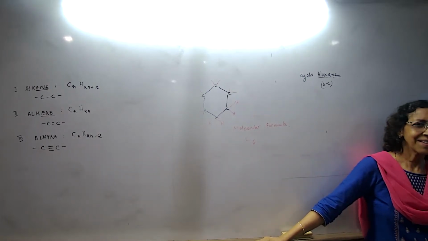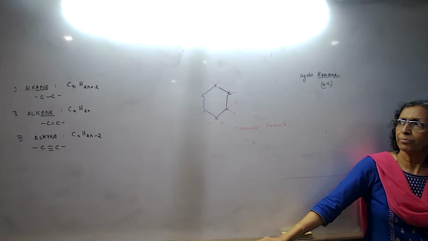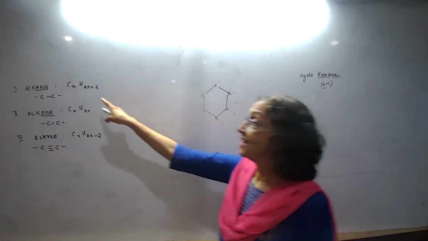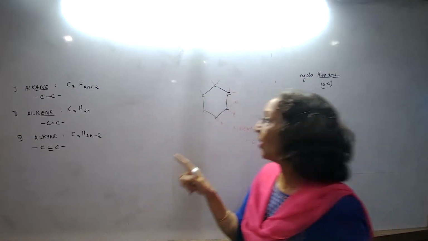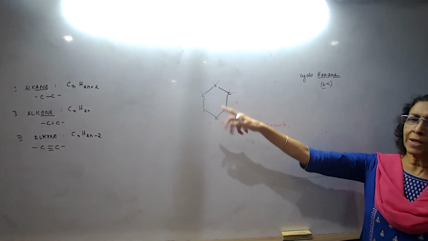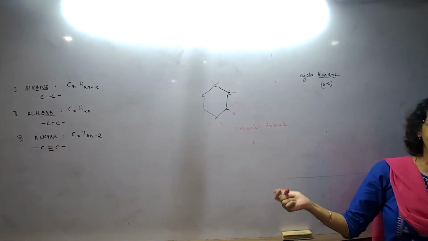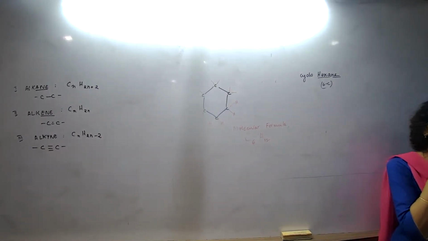Ma'am, formula 12, not 14. 12 plus 2, 14. Is it an alkane? It is a cyclo, because the ends are not free. 2 plus 2 plus 2 plus 2, obviously it is 12. So your hydrogen is 12. Okay?